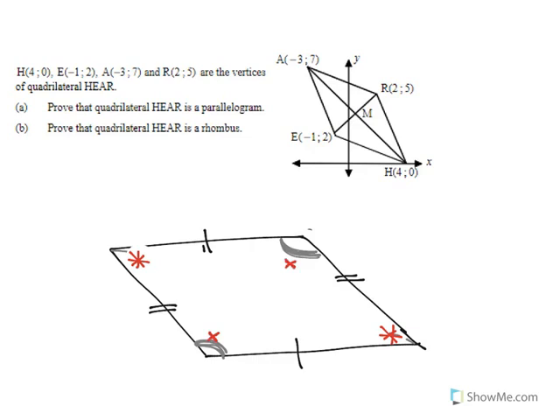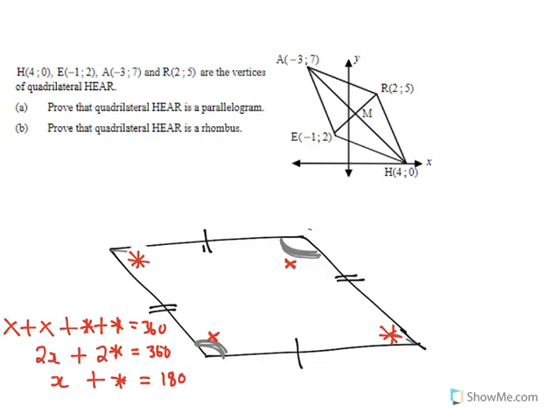angles are equal. So the angle sum of these angles is going to be 360, because angles in a quadrilateral add up to 360. So I'm going to have x plus star is equal to 360. And so 2x plus 2 star is equal to 360. And so basically x plus star is equal to 180.